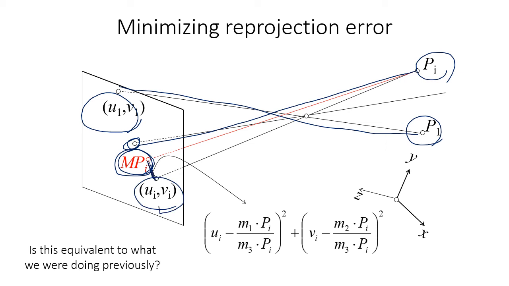This distance we call geometric error. So it is more meaningful than the algebraic error. It is somewhat different. The minimizing direction is different from the algebraic one.